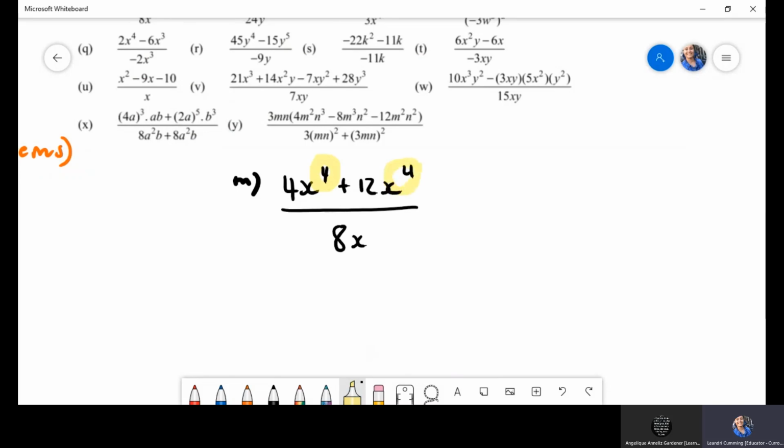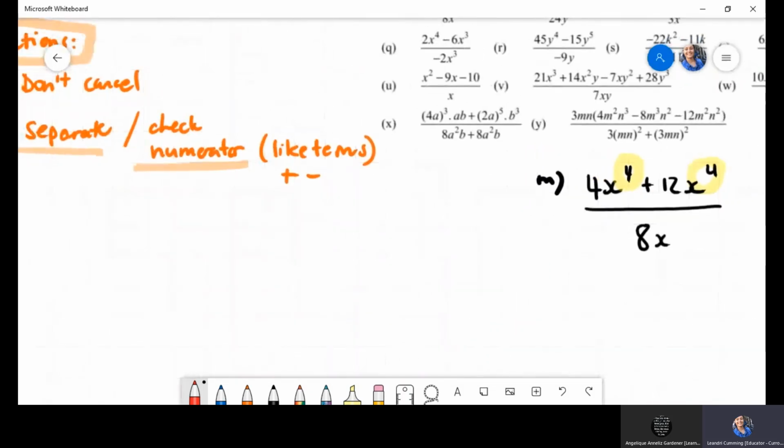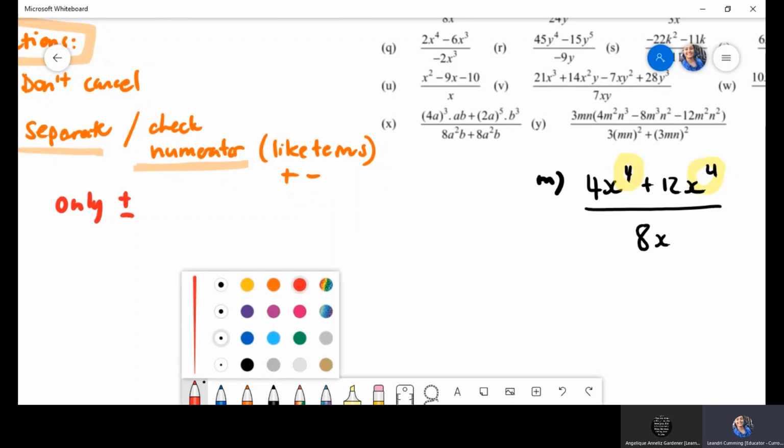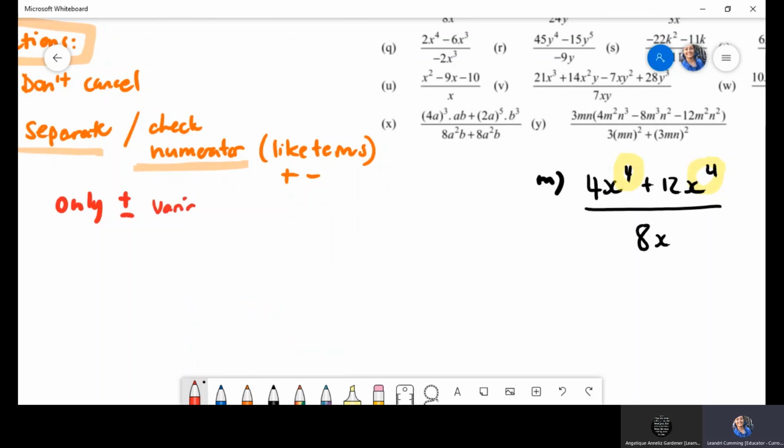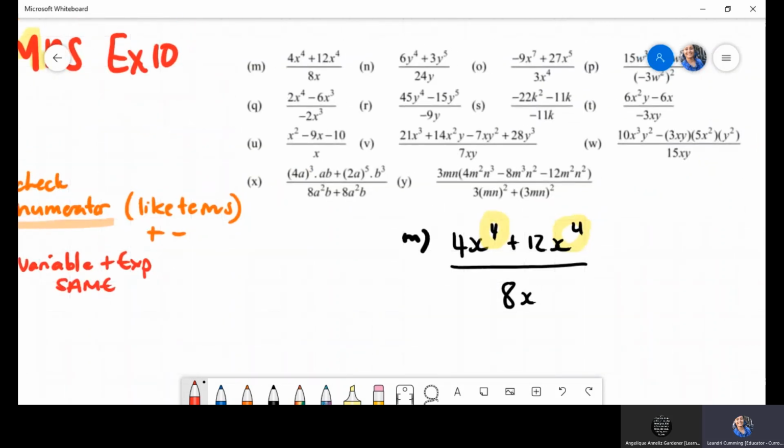Now, also what we can see from our past assessment is that we are only allowed to add and subtract when the variable and its exponent are exactly the same, meaning like terms are determined by the variable and the exponent, not by the coefficient.